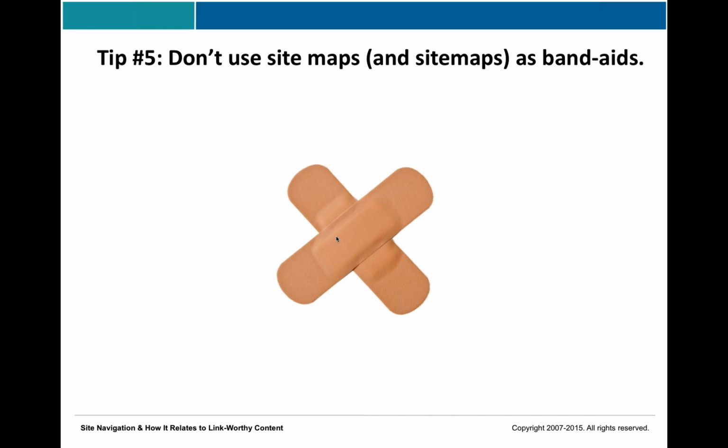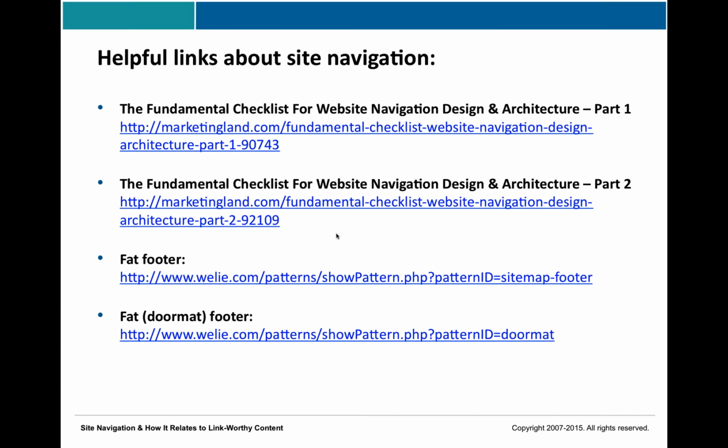Tip number 5, do not use XML sitemaps, and I use that as one word, as band-aids for information architecture and navigation. Just because Google can access content doesn't mean it understands your content. So you do have to provide document labels, which are titles and URLs.